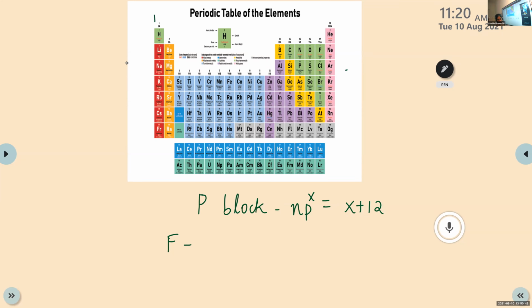Look at the periodic table and tell me. What's the symbol of fluorine? It is F. Now look at the periodic table and tell me.